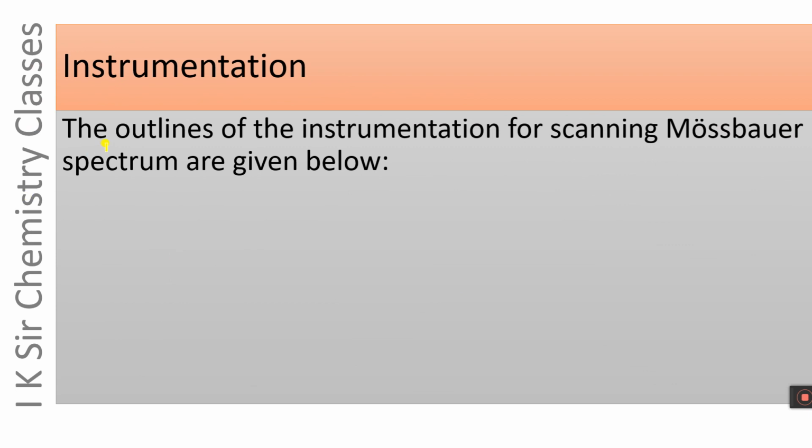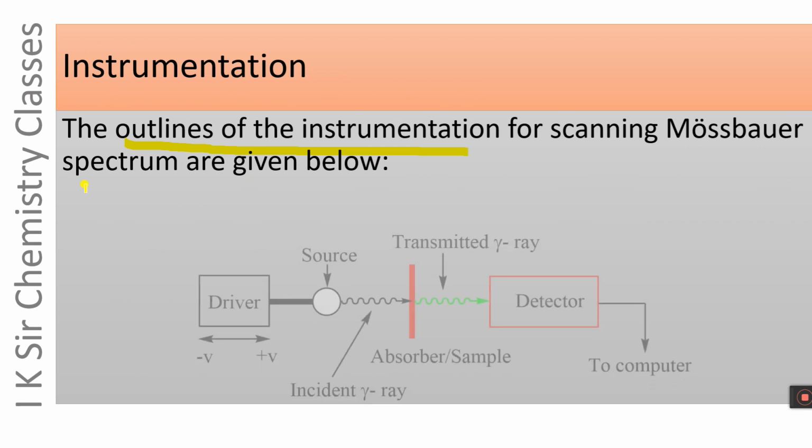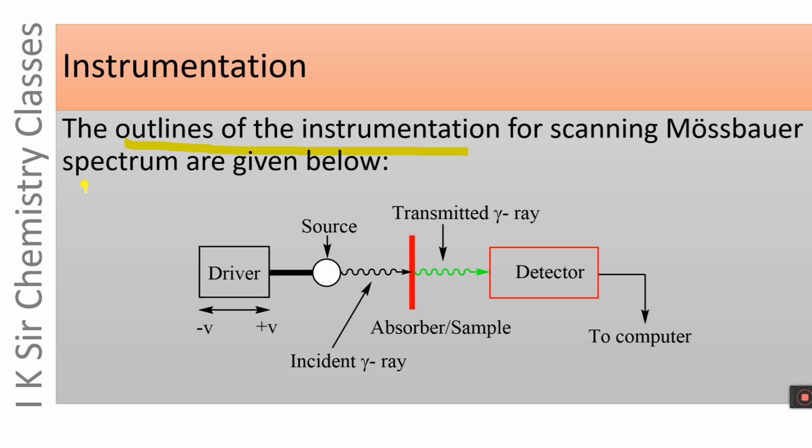Instrumentation. The outlines of the instrumentation for scanning Mössbauer spectrum are given below. Let us see this diagram carefully. The gamma ray source is mounted on a driver. The driver performs back and forth movement.